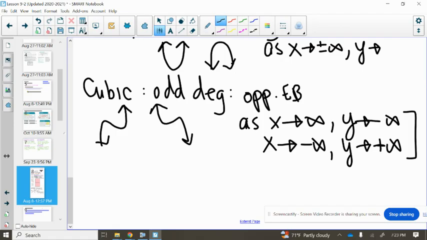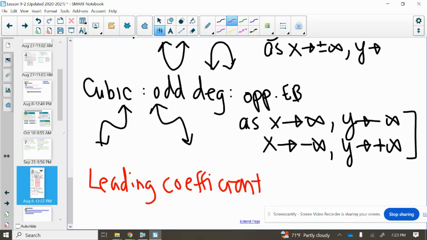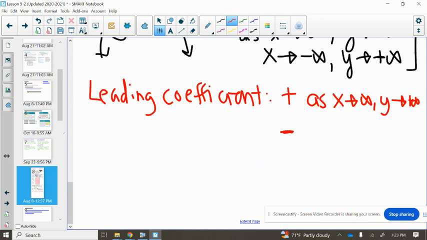Now, either way with these, what's something that we can compare? That leading coefficient is going to dictate some things. What do I mean by that? Well, if the leading coefficient is positive, as x goes to positive infinity, so will our y value. But if our leading coefficient is negative, as x goes to positive infinity, our y value is going to be negative infinity.